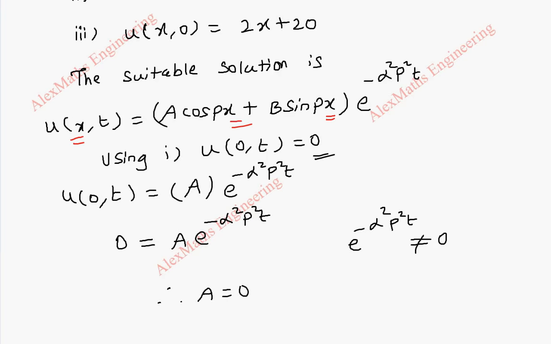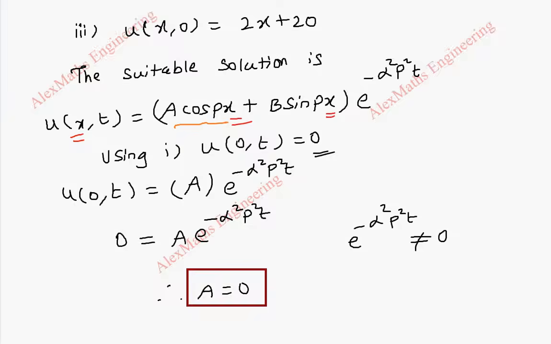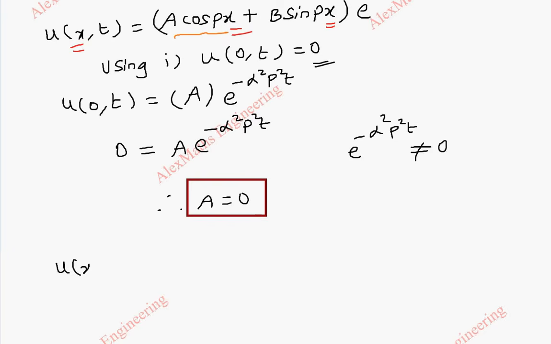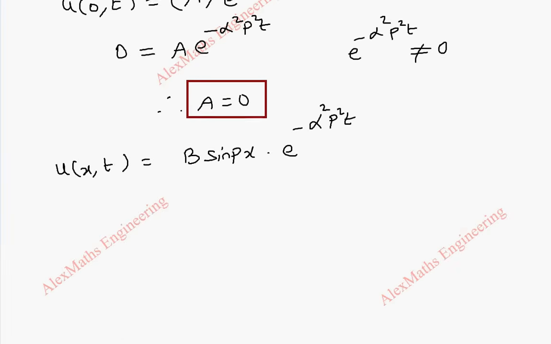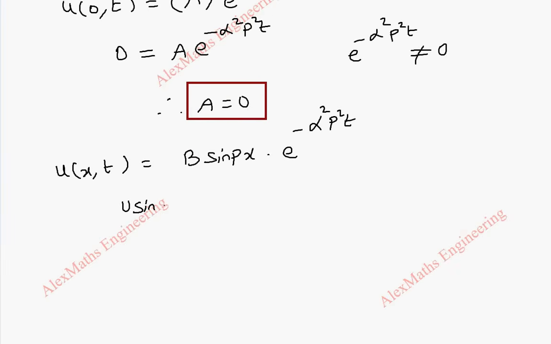When a is 0, our solution becomes, we are going to replace a as 0 here. So now u of x comma t will become, first part will be 0. We have only b sin px into e power minus alpha square p square t. We are going to use the second condition, u of 30 comma t is 0. So wherever x is there, we have to substitute 30.